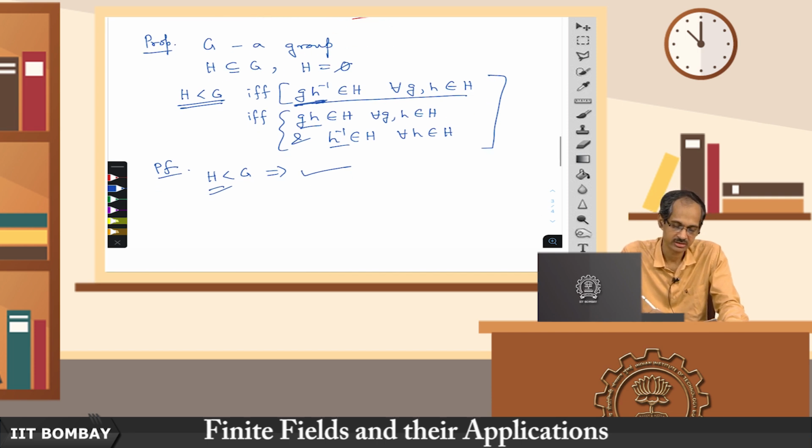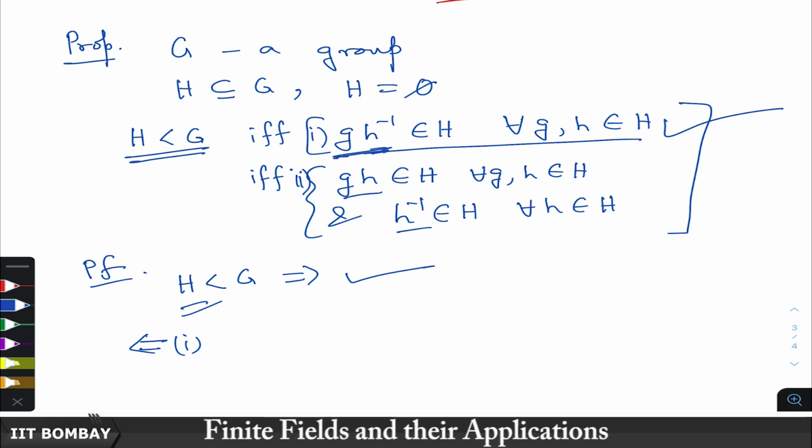The other direction: suppose this one holds, let us see. Let us say this is the second property. So, property 1 implies H is a subgroup of G. First of all, the operation is associative in G itself.